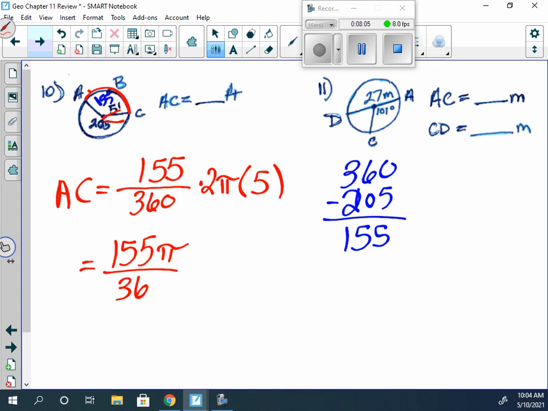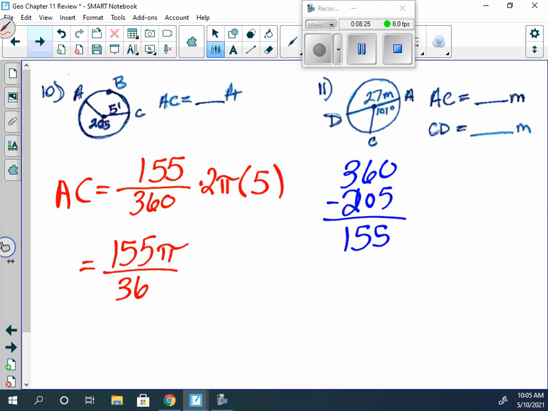Pi r. So the radius is 5. So that's where we get the 5 from. Does that make sense? Because it's 5 feet. Yep. If you have questions about the numbers, please ask, especially on the test.